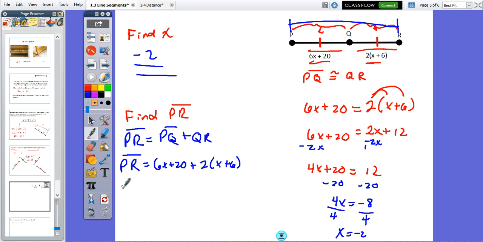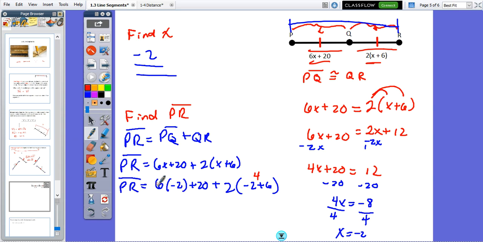Now I'm doing a lot of math just to show you where everything came from, so you don't think it was made up. But there's a lot of steps you can skip when you're able to do this math in your head. So here we're going to do 6 parentheses negative 2 plus 20 plus 2 parentheses negative 2 plus 6. Now this negative 2 plus 6 will give us a 4, so I'm going to just put a 4 there.